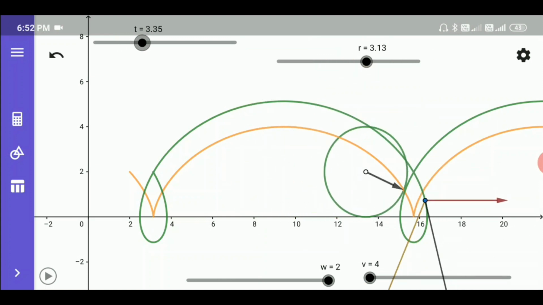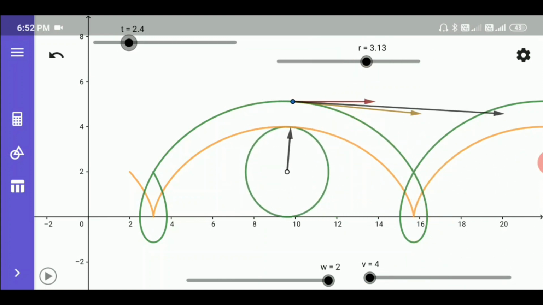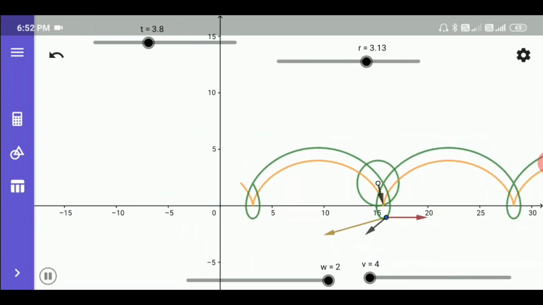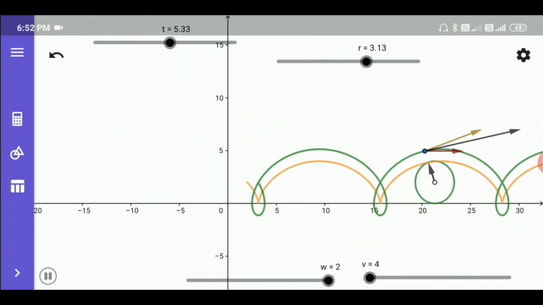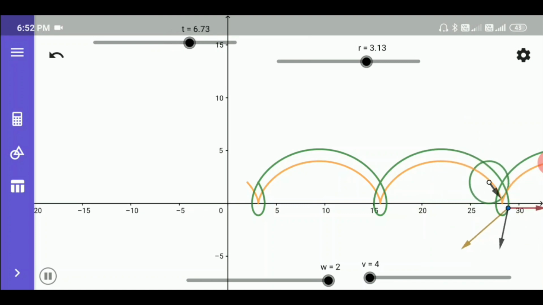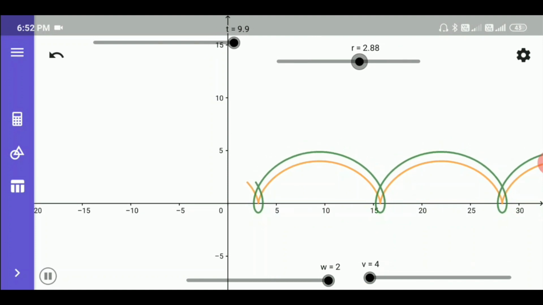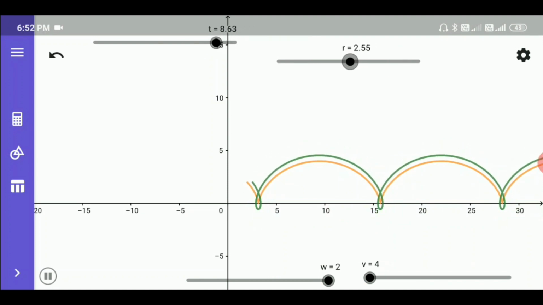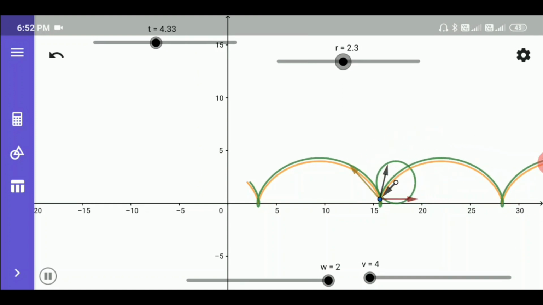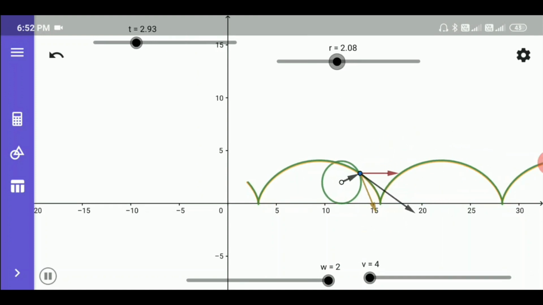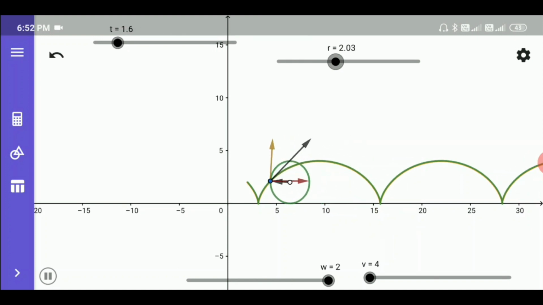So with the help of the vectors, you can see here, if we play the video, how the point traces that curve. If we increase that point's distance from the center, the curve will look like this, and as we come closer to the radius of the rotating disk, it will coincide with that cycloidal curve, and when it comes on the circumference, this curve becomes purely the cycloidal curve.